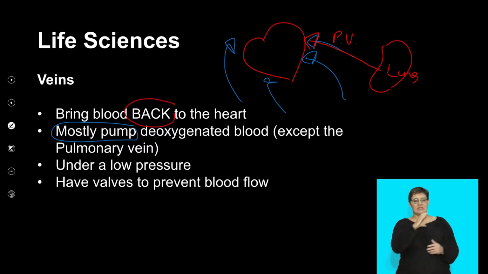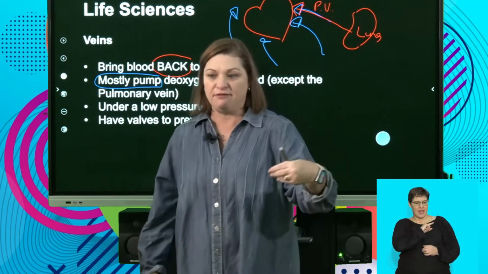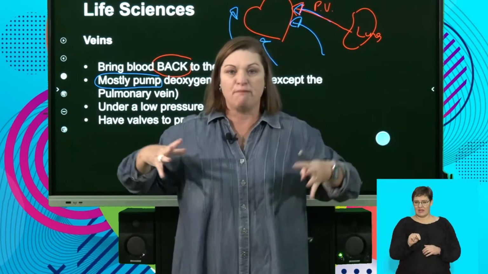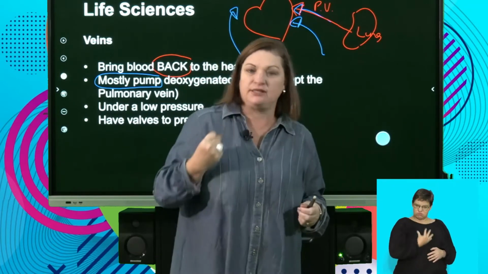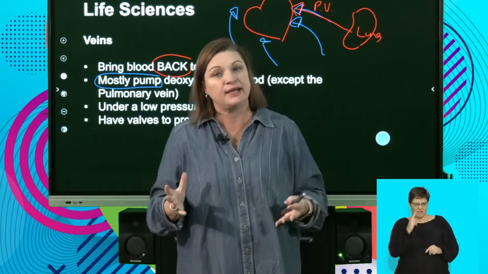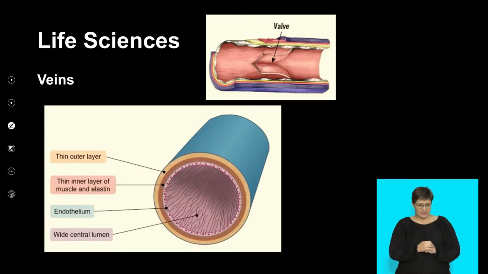Now, guys, this seems quite funny to me, because if I were to make a vein, I would put a large muscle layer in it to get it to squeeze the blood back up again. But funnily enough, it doesn't. Let's have a look at the structure. A vein has a much larger opening, and the blood goes through here.